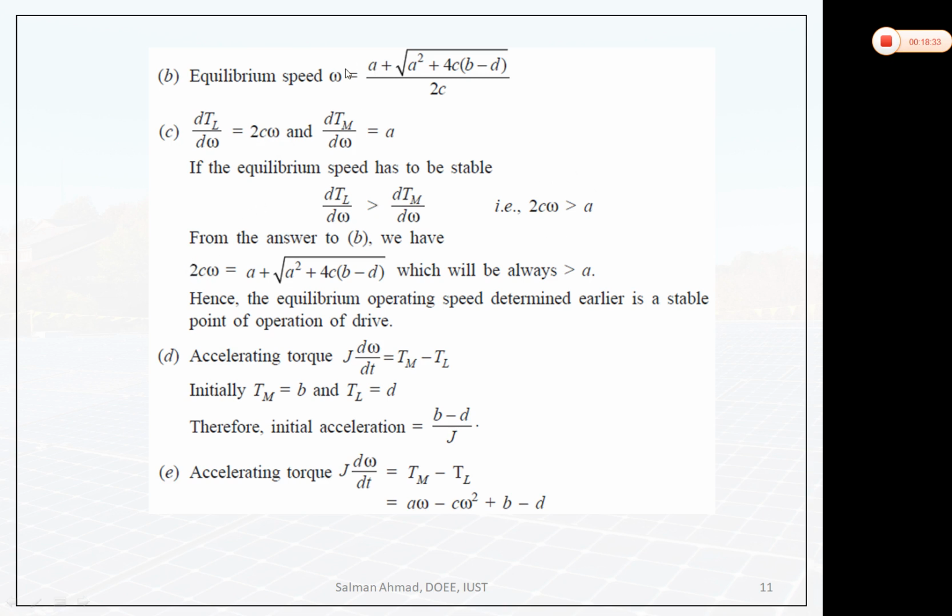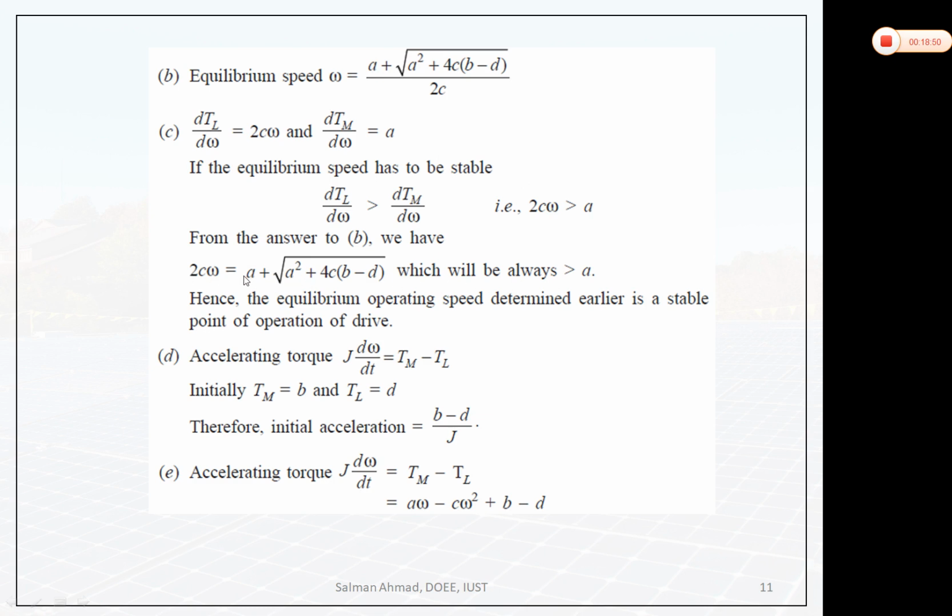Now the equilibrium speed was such that 2c omega is equal to a plus this square root. So 2c omega we can substitute as a plus square root of a square plus 4c times b minus d.